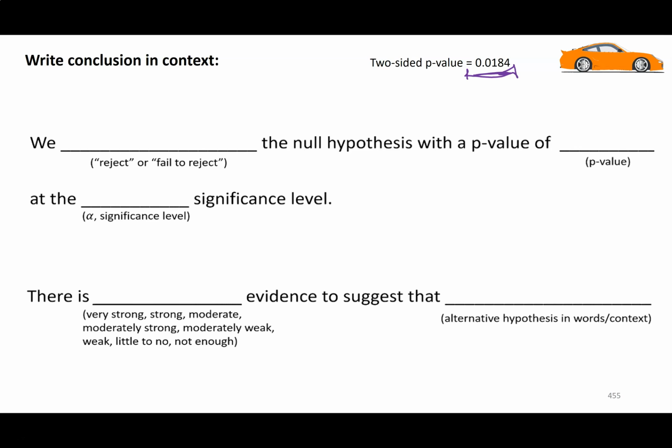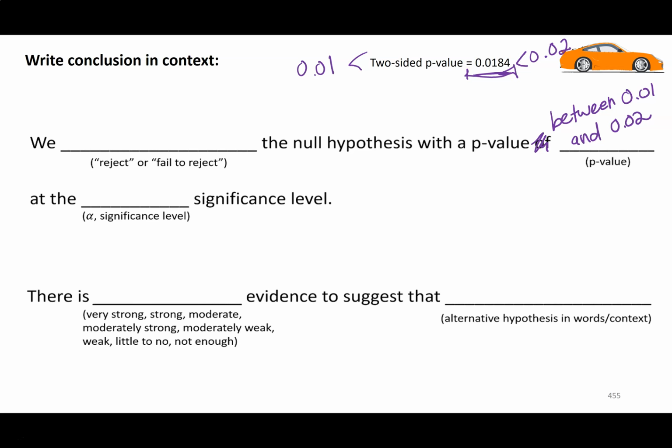I got a p-value of 0.0184, which is between 0.01 and 0.02. So that checks out. So here, it's okay to say a p-value between 0.01 and 0.02.